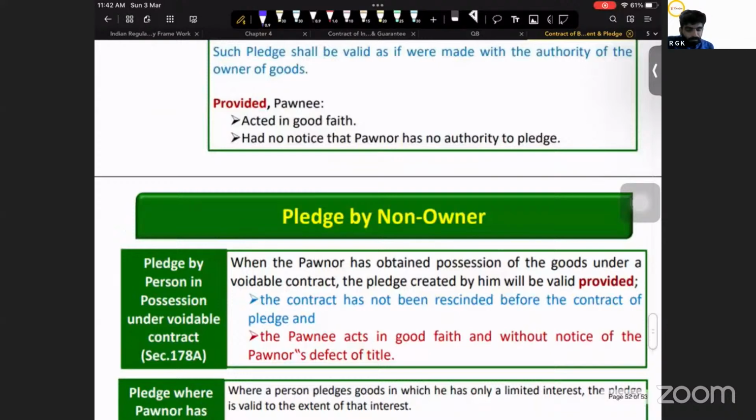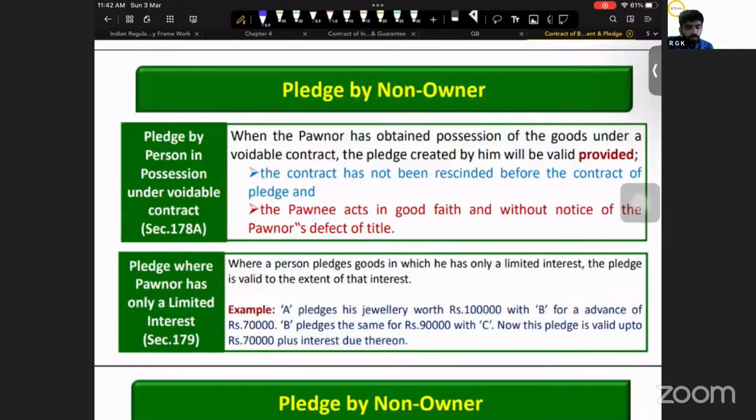Second one, pledge by person in possession of goods under voidable contract. When you are holding goods which you obtained under a voidable contract, maybe because of coercion or undue influence, the pledge created by him will be valid, provided that the contract has not been rescinded before the contract of pledge.